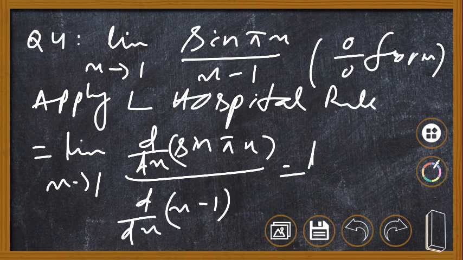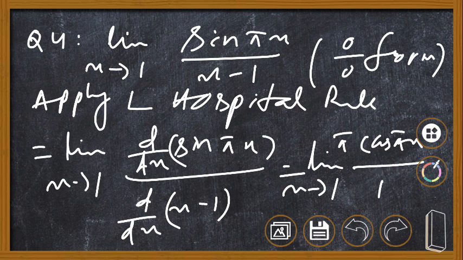Derivative of sin pi x will be pi cos pi x, divided by 1. If I put the value of 1 here, the answer will be pi into cos pi, and the value of cos pi is minus 1. So the final answer will be minus pi.